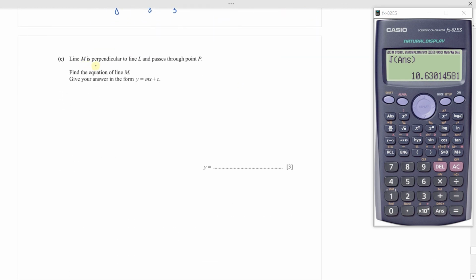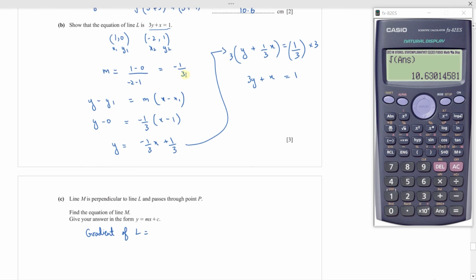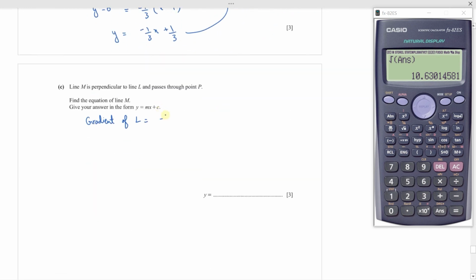The next part is a line M is perpendicular to line L and passes through point P. Find the equation of line M and give your answer in the form y equals mx plus c. So gradient of line L, we calculated as minus 1 by 3. Since M and L are perpendicular, that means the product of their gradients is minus 1.